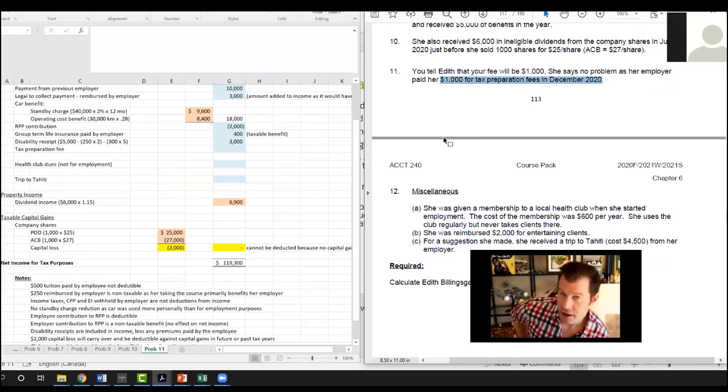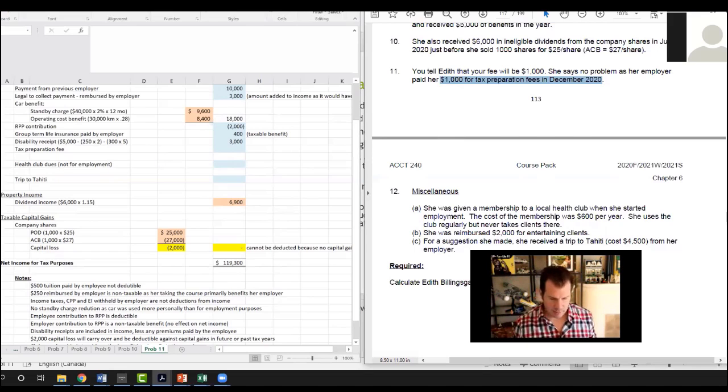You paying $1,000 to do your tax return is your decision. It is something that you, as a taxpayer, are deciding to do. Every taxpayer presumably could prepare their own return, but some taxpayers make a decision to pay for their tax return. It is not a deductible expense. In this case, because your employer actually gave you $1,000, you have $1,000 taxable benefit here.